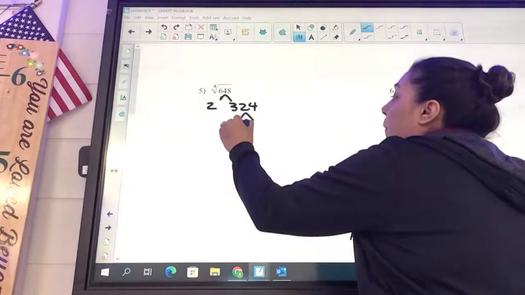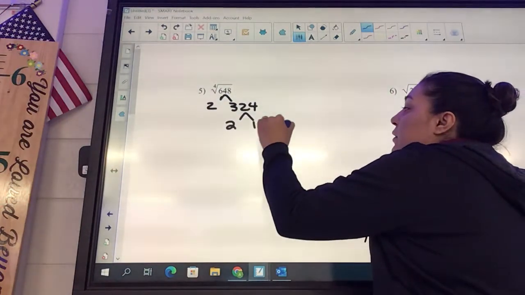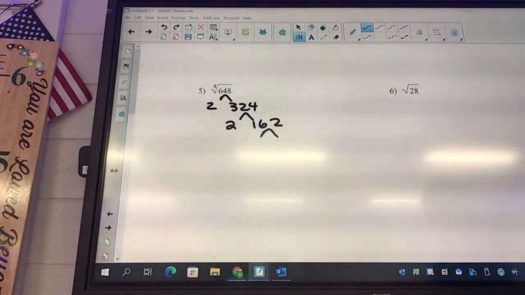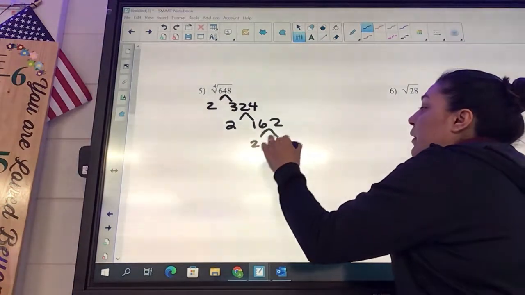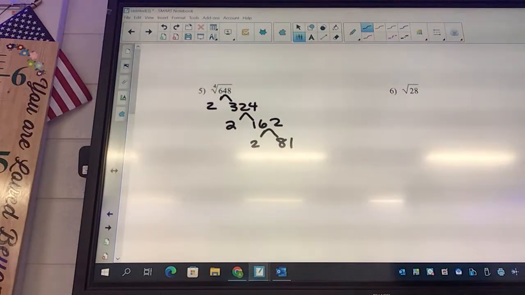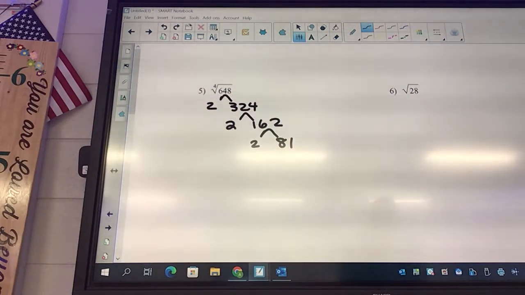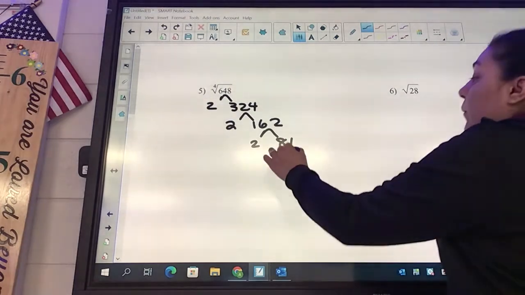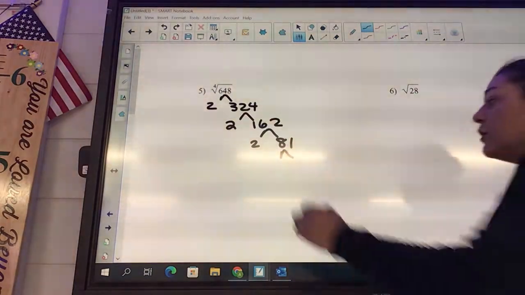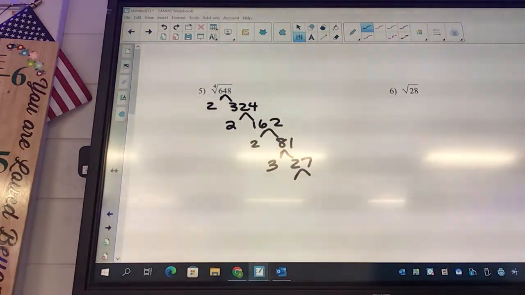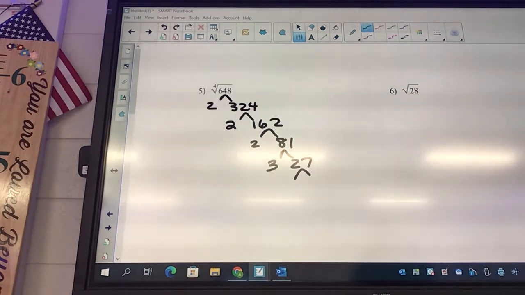So you got 2 and what? 162. 162 divided by 2. 2 and 81. 81 is a decimal when divided by 2, so then you're going to have to say 81 divided by 3. 3 and 27. Then 27 you should be able to do. What goes into 27? 3 and 9.